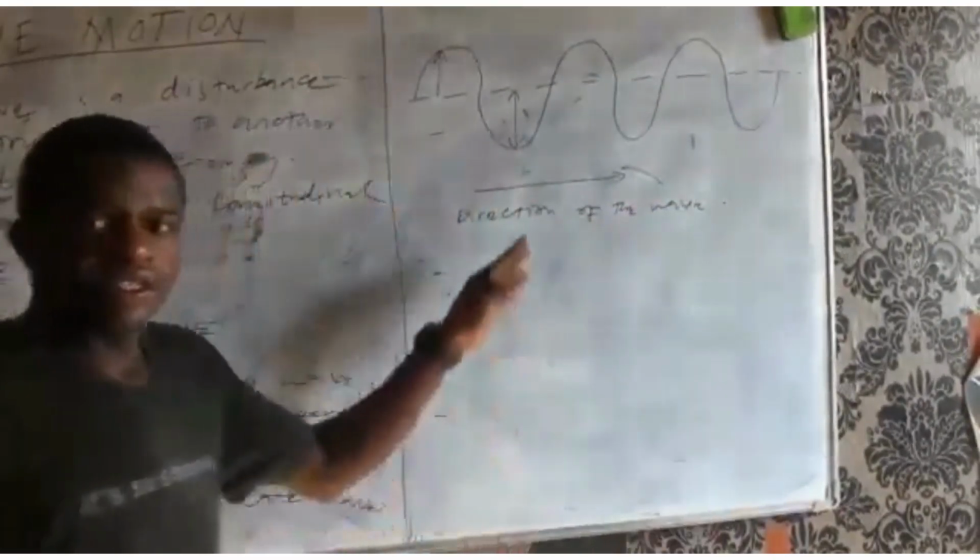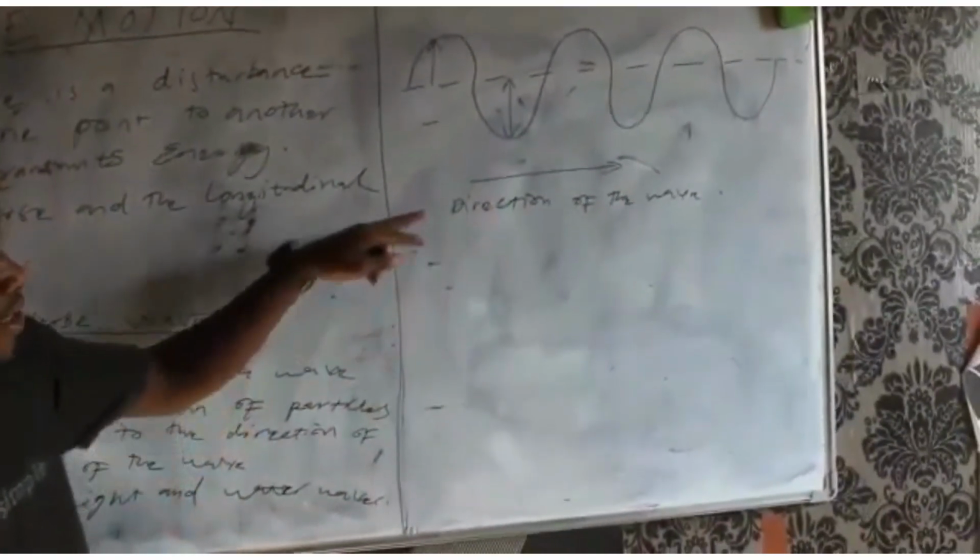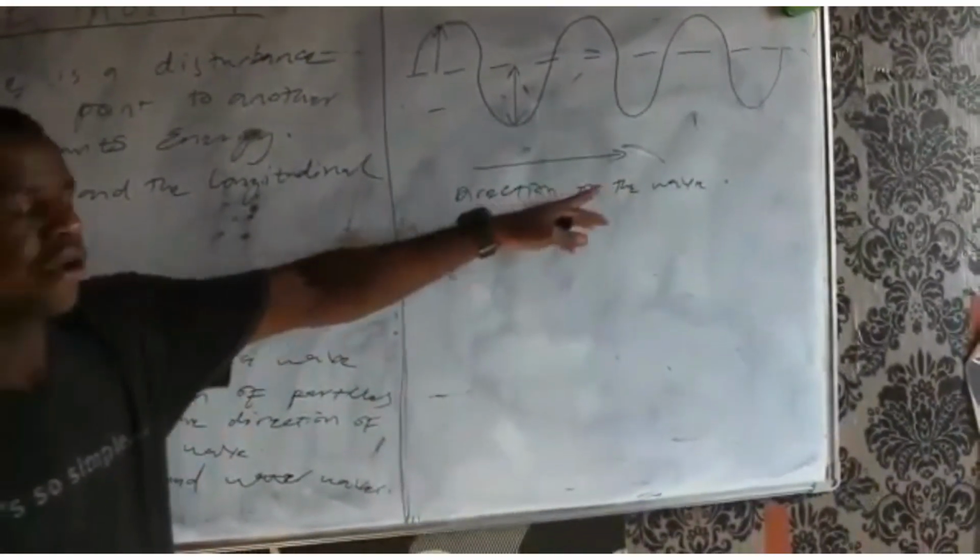As you can see, this is the structure of the transverse wave, and this arrow just shows the direction of the wave.